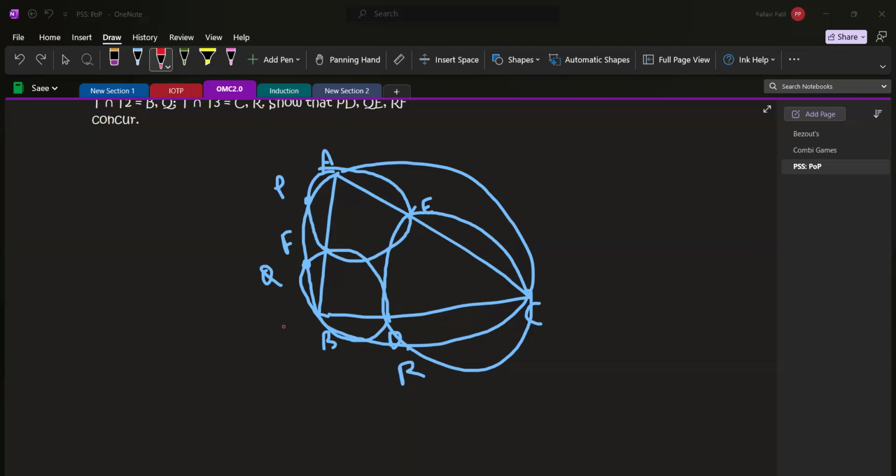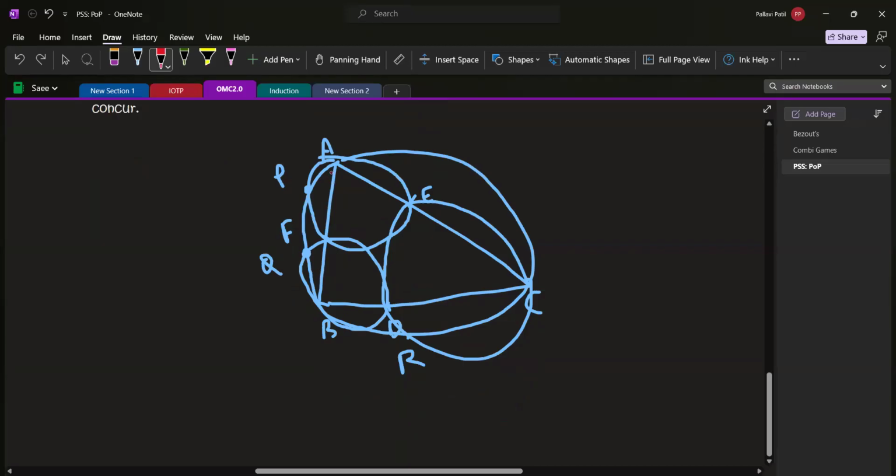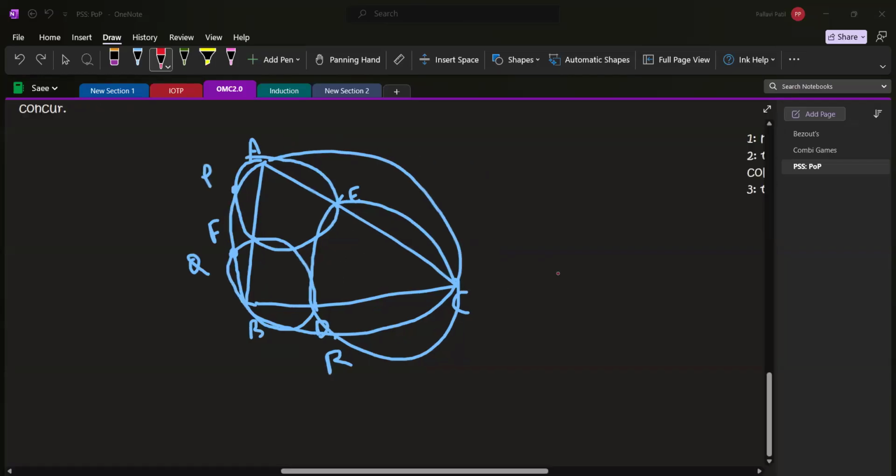We can notice maybe that API is 90, and similarly CRI is also 90, something like that. Oh, right. Amazing. I'm not sure who said this, but all these three circles actually concur at I. Again, these are my beautiful drawing skills.